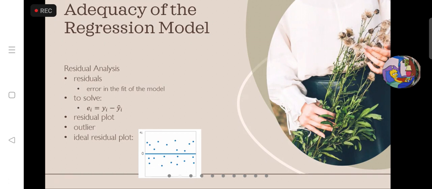To solve for the residuals, we use e equals y minus the value of y hat. We solved this previously when we were solving for the error sum of squares. Again, our error sum of squares was equal to the summation of (y minus y hat) squared.